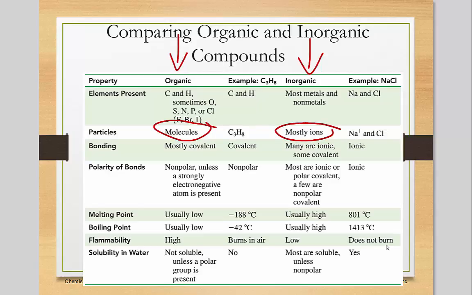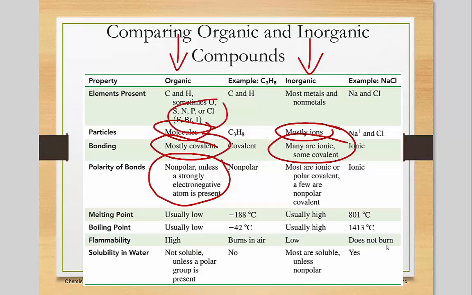Organic compounds do covalent bonding, while inorganic ones are mainly ionic, though some are covalent. The bonds in organic chemistry are typically nonpolar, which is why they don't dissolve in water, unless, once again, you have one of these more electronegative things, which makes the electrons get attracted to them and therefore creates a polarity.